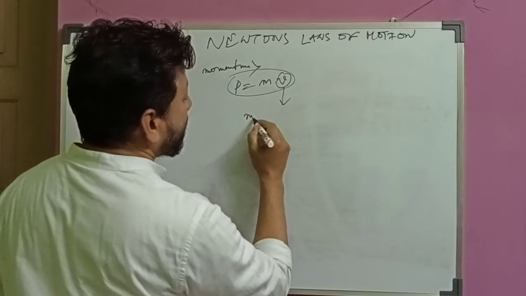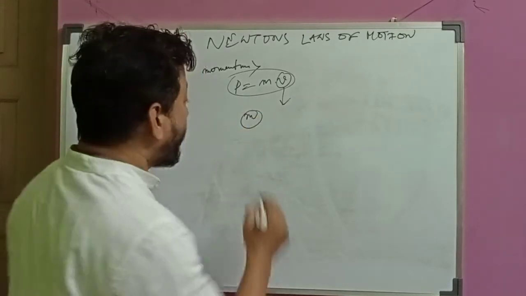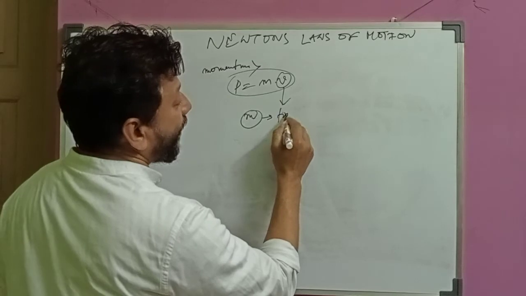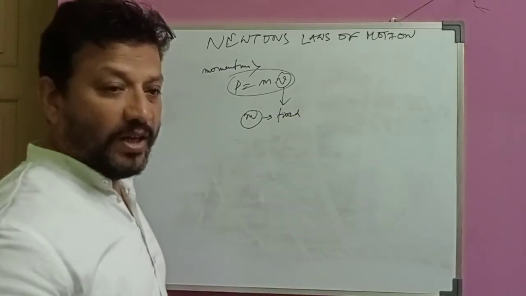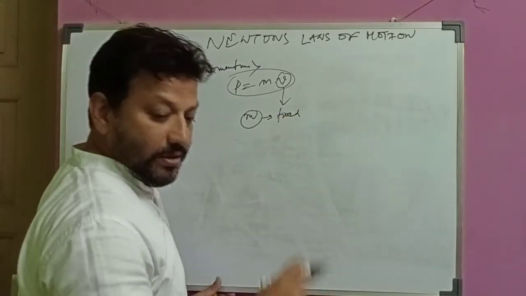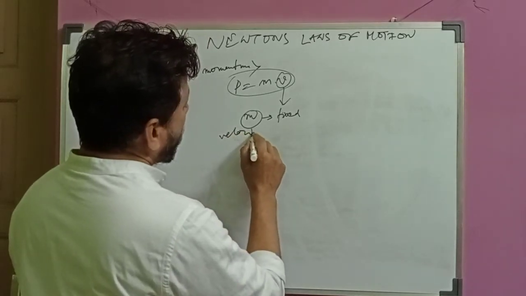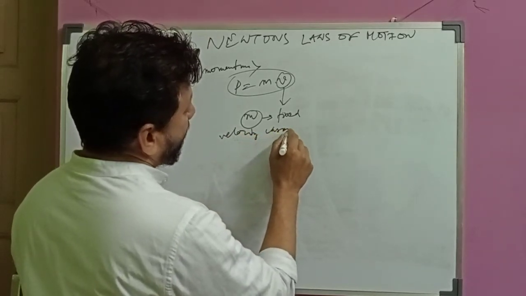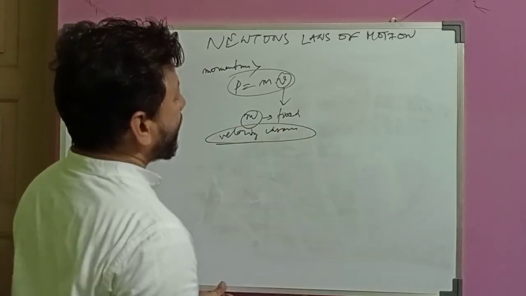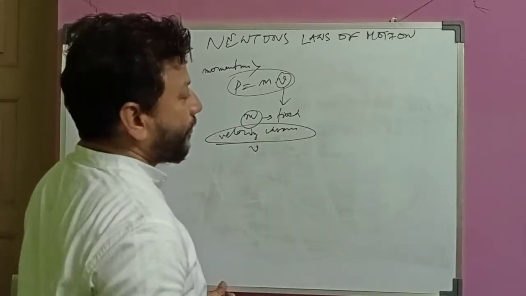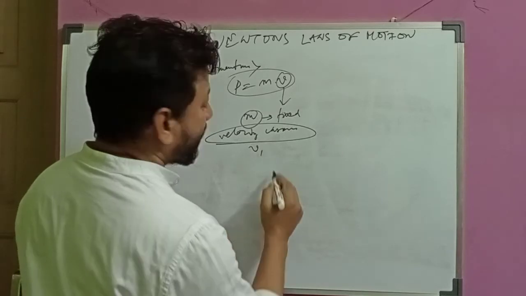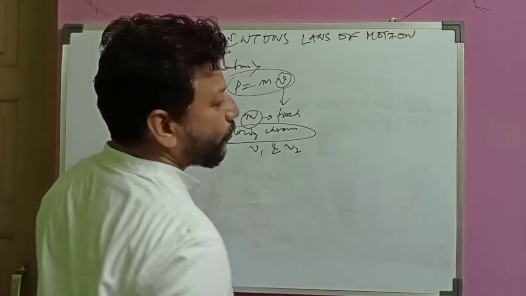If the mass m is fixed, and the velocity changes, let it be v1 and v2.